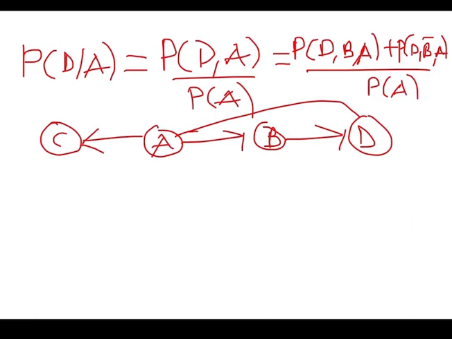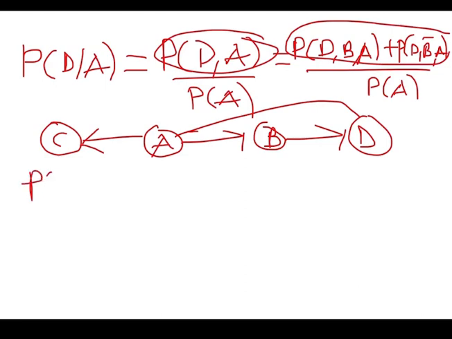There's a B in between D and A, and that very B may be observed and may not be observed, and that was why we put B there. Plus means or, which means the numerator is a total probability. Does that make sense?